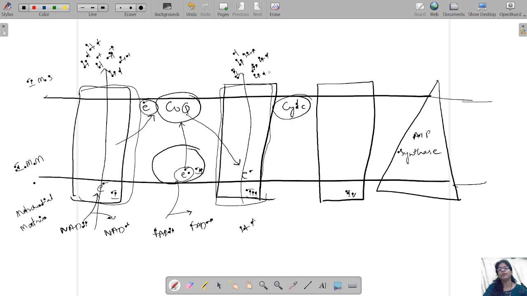So you have more and more protons in the intermembrane space than in the matrix, which gives you a gradient. Now the electrons present in complex 3 move into cytochrome C.